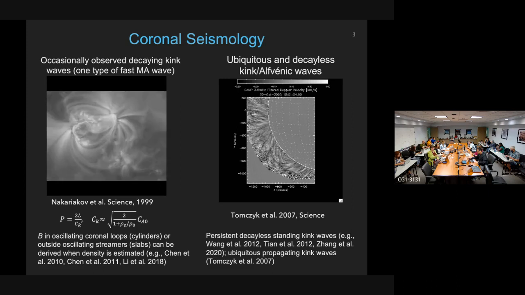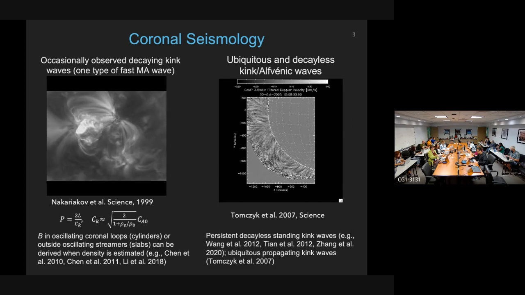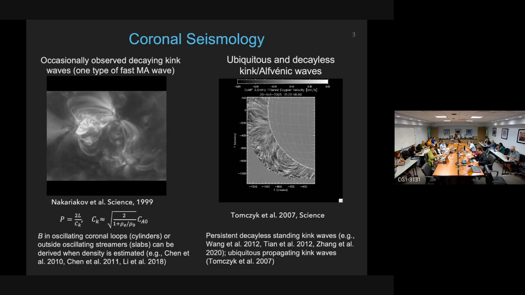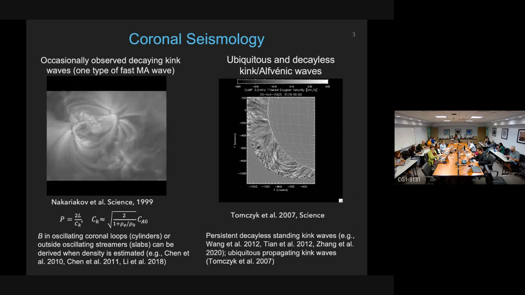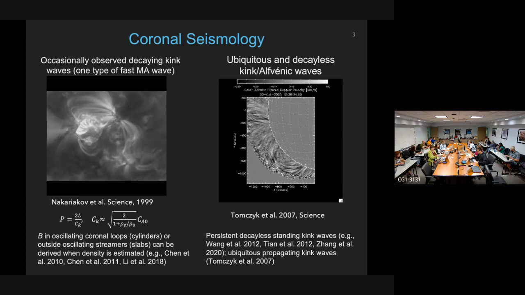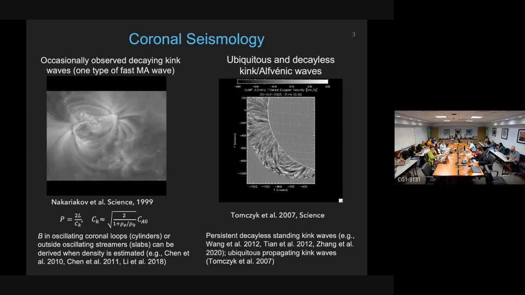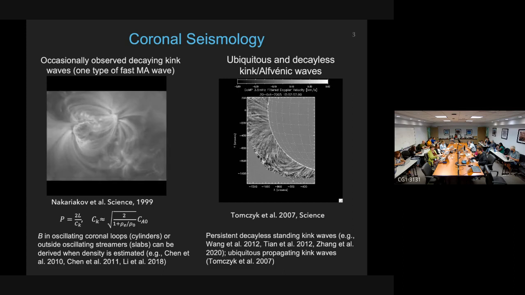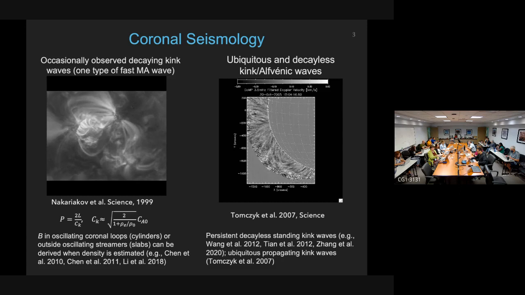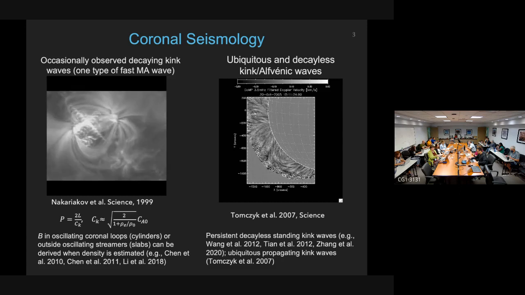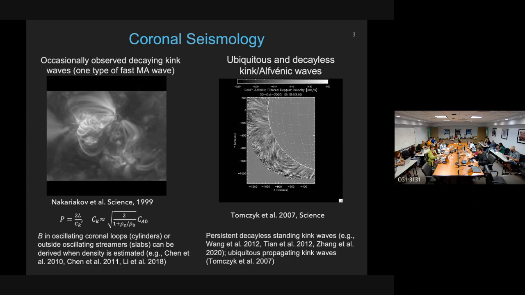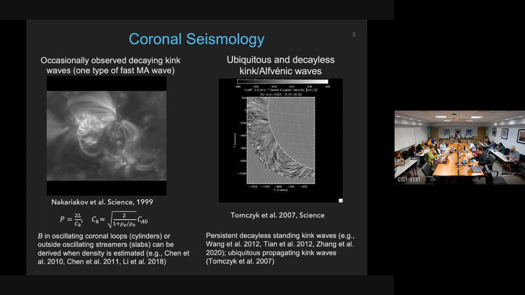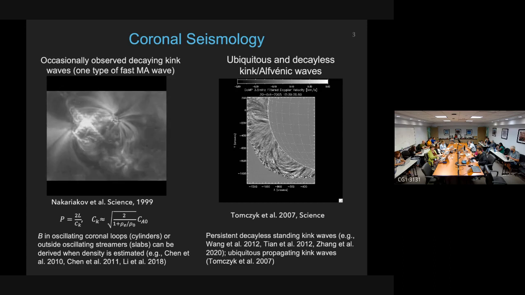So in this case, we can get the magnetic field in that oscillating coronal loop, but this is usually just a single value for that coronal loop. And because this kind of oscillation is triggered by flares or other eruptions, it cannot always be observed. So if we want to use coronal seismology to measure the global magnetic field in the corona, we need some more ubiquitous waves.